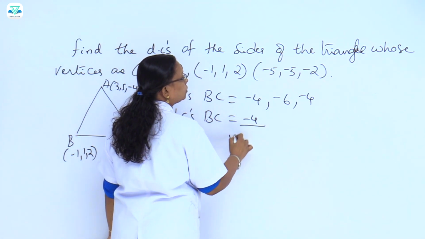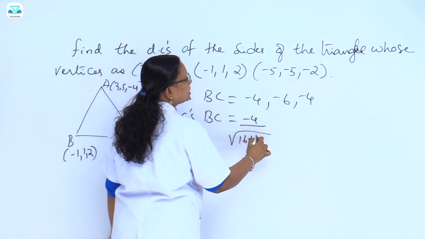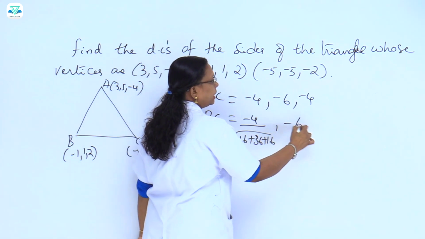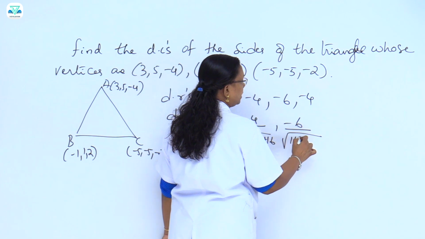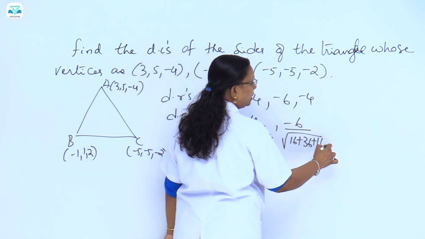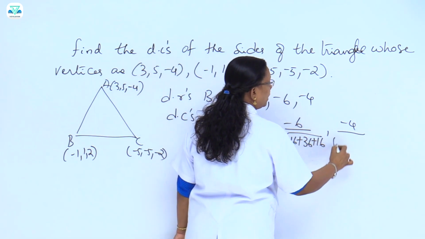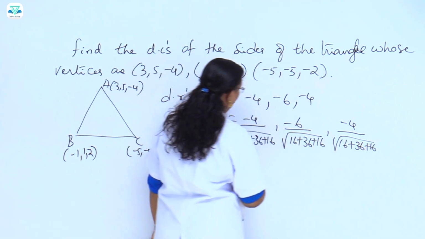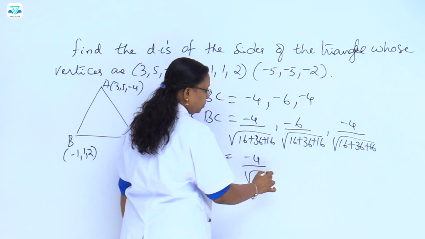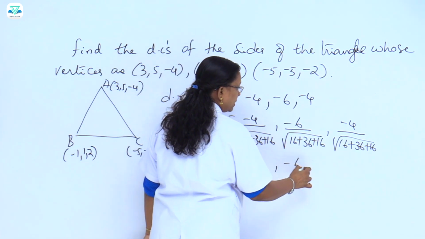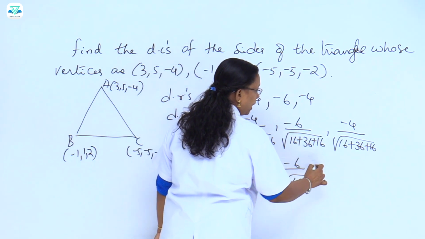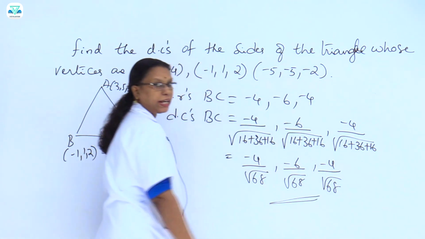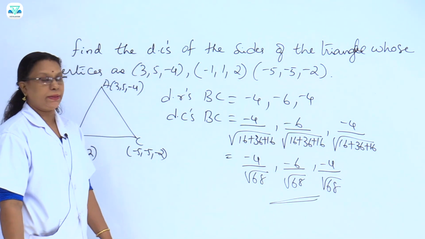Minus 4 by root of 16 plus 36 plus 16, minus 6 by root of 16 plus 36 plus 16 and minus 4 by root of 16 plus 36 plus 16, or it is minus 4 by root 68, minus 6 by root 68 and minus 4 by root 68, which will give the direction cosines of BC.